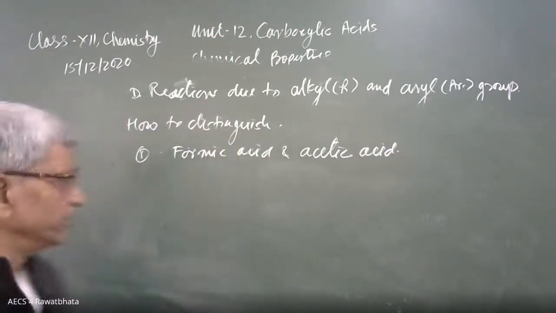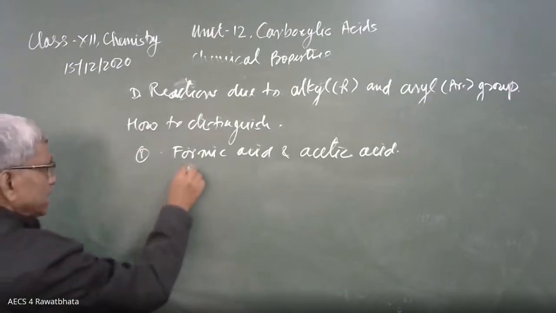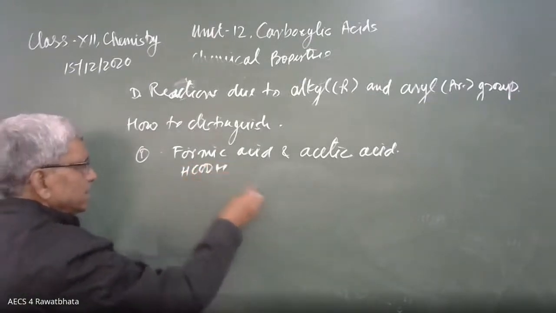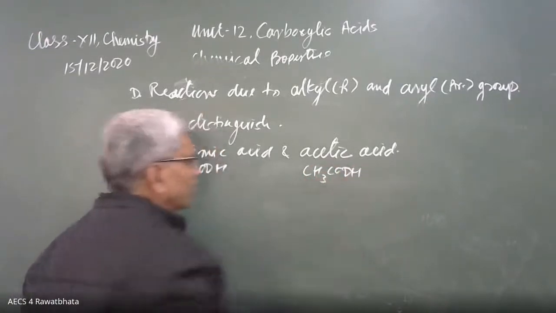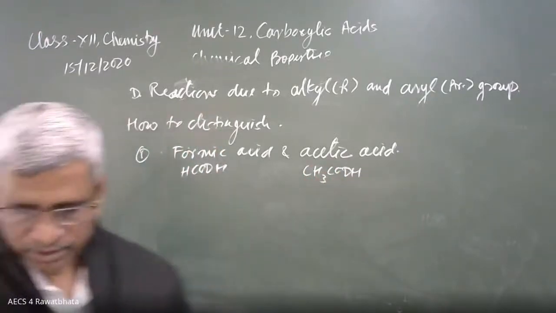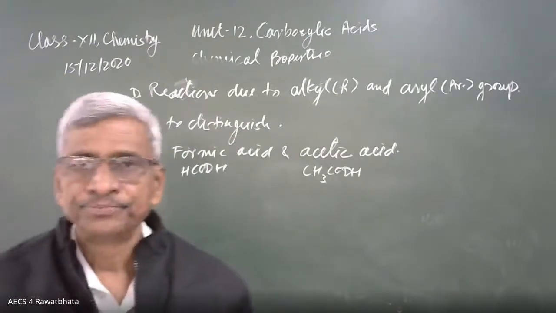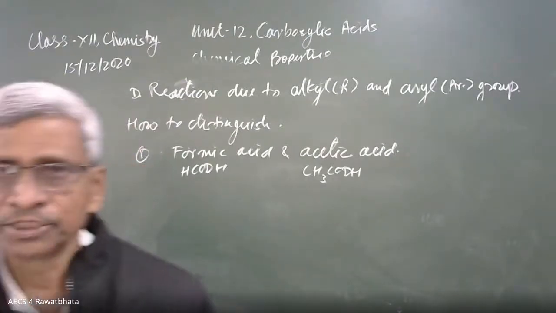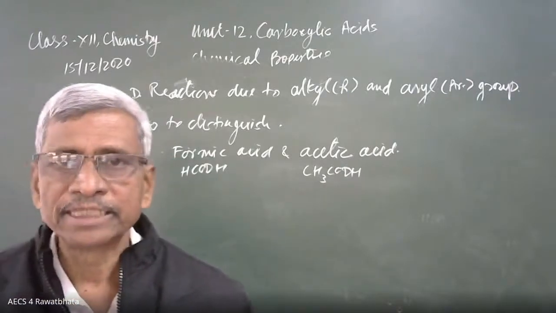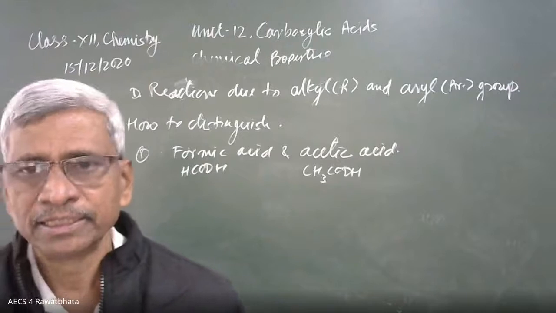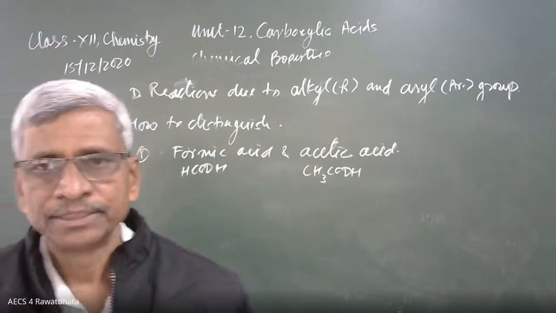CH3COOH and HCOOH. Here this is HCOOH, formic acid, and this is CH3COOH. So we opt for that particular reaction, that particular property, where some color change is there. That's why that can be preferred.